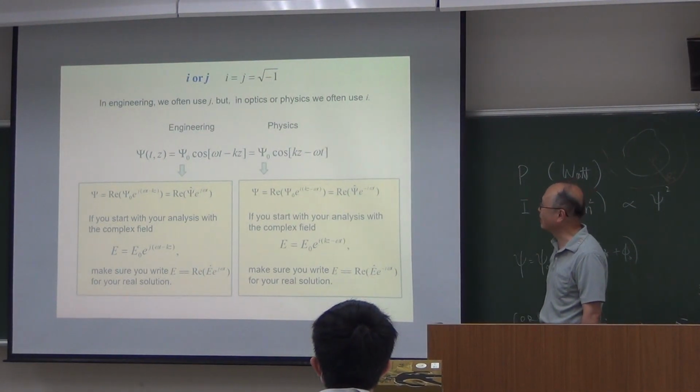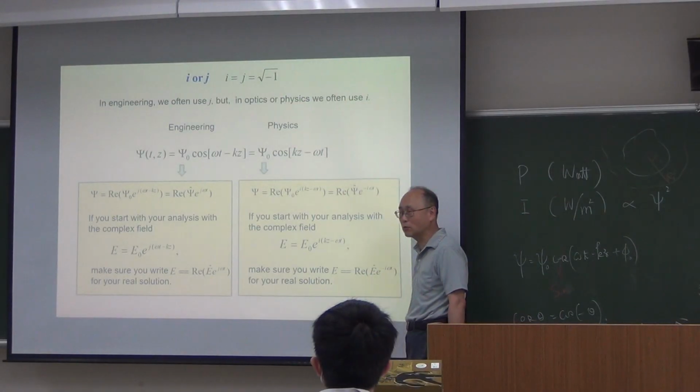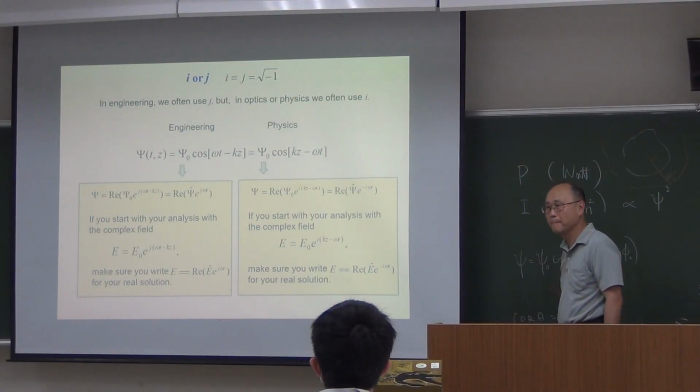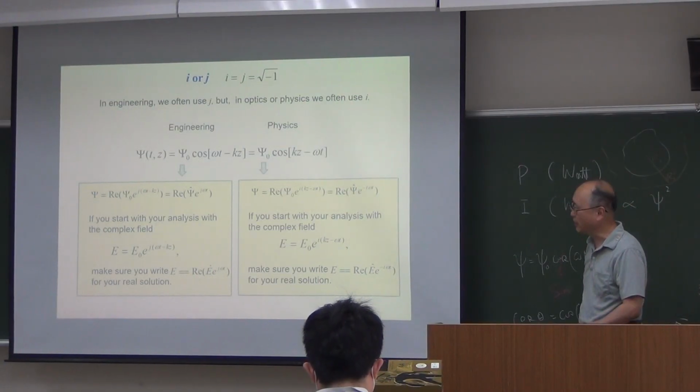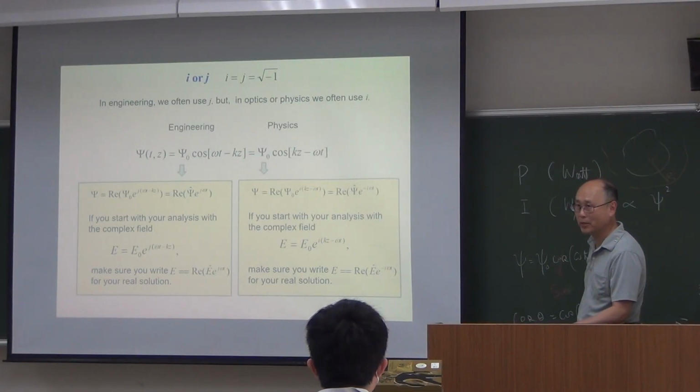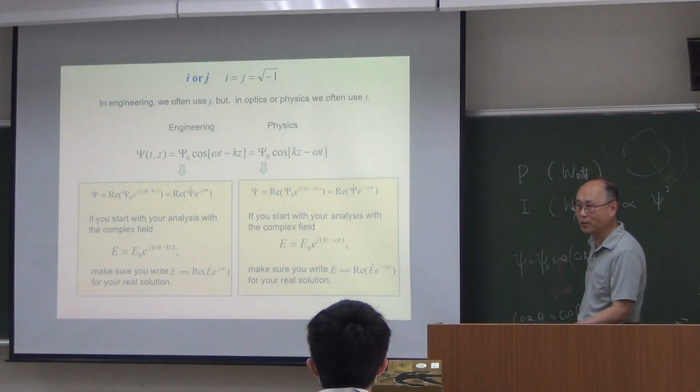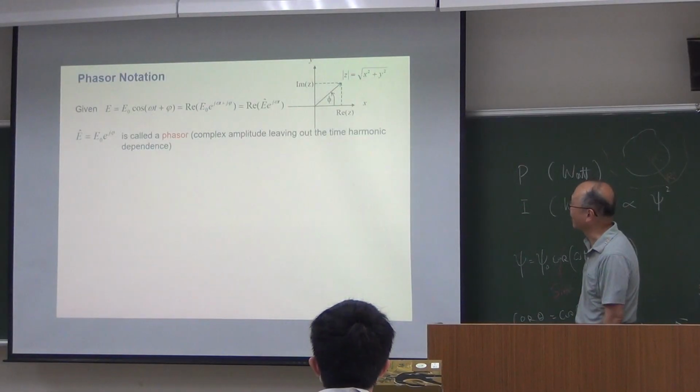Okay, it's just the way you write the sinusoidal function differently. Okay, all right. Let me continue, because now I'm starting to adopt the complex notation, and it's a mathematical tool, just like you use different brands of the computer. That's it. Okay. All right.